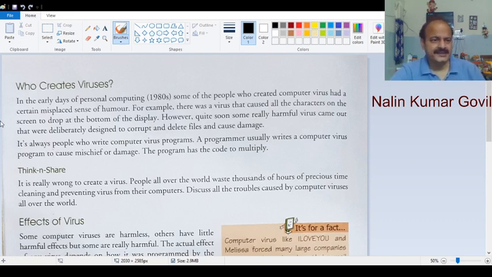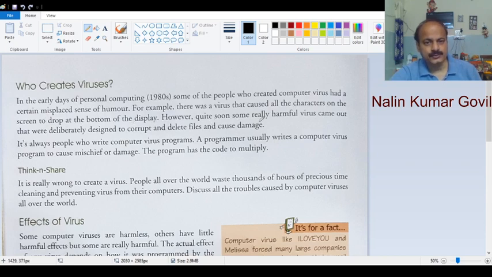In the early days of personal computing, the 1980s, some of the people who created computer viruses had a certain misplaced sense of humor. For example, there was a virus that caused all the characters on the screen to drop to the bottom of the display.